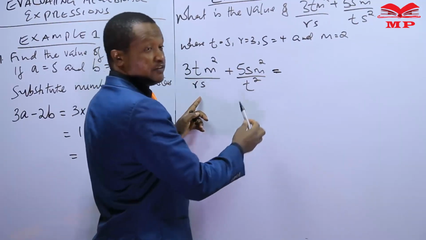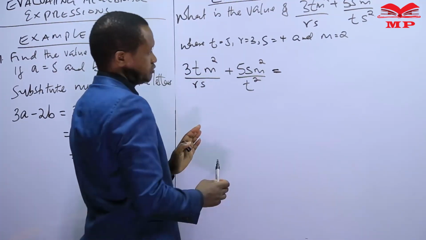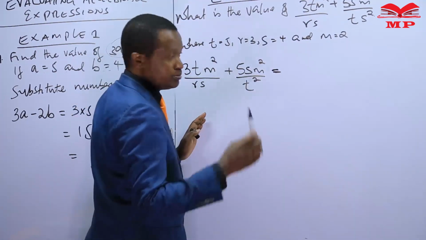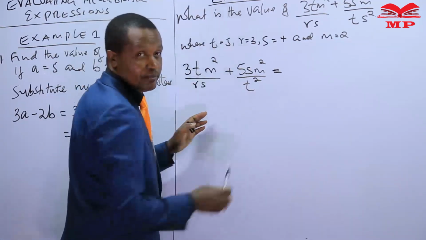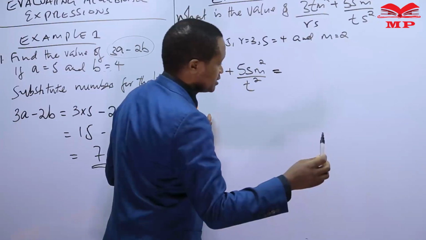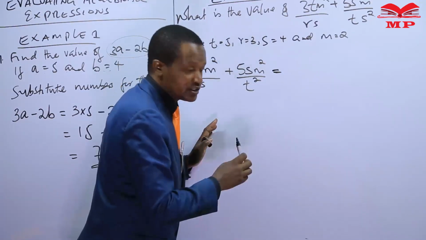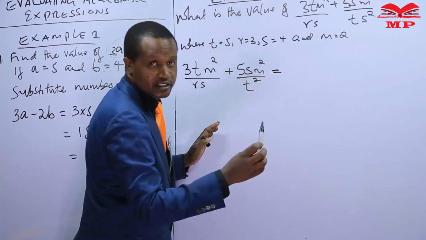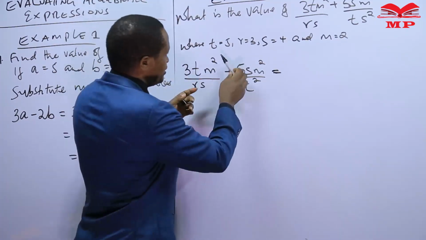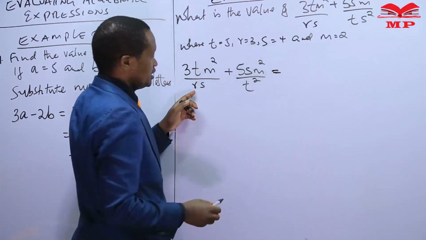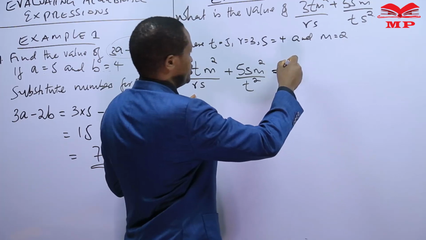So how do we value this algebraic expression? It's very simple. We substitute the numbers for the letters. Where there are letters, we insert the numbers. And the values of the letters have been provided in the question. So we come here and do the substitution.